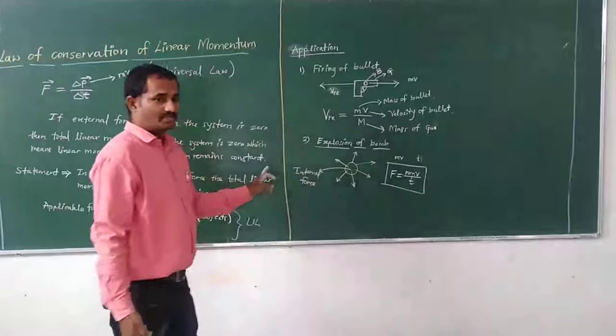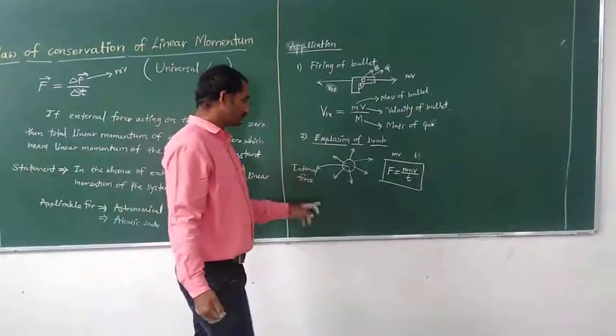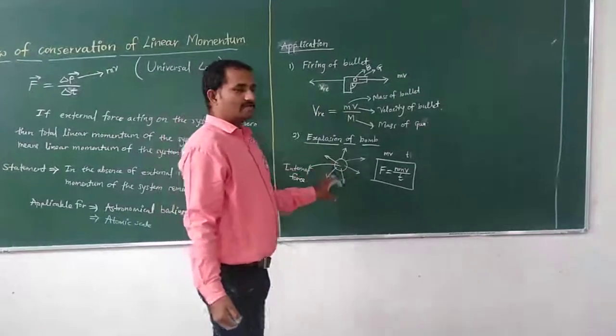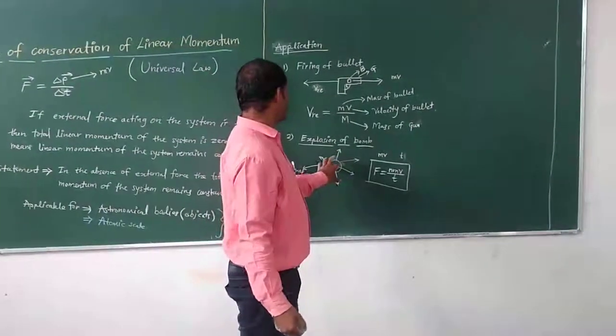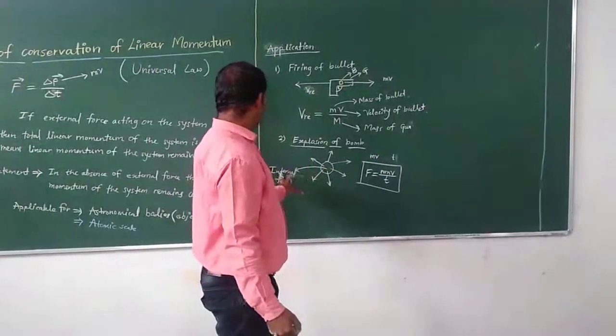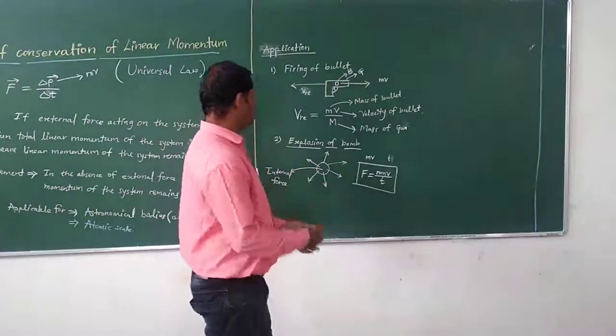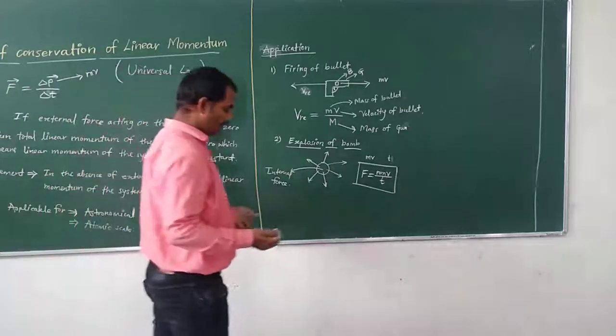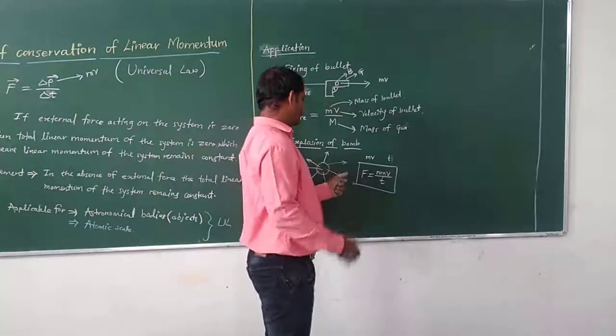The next example is explosion of bomb. Before explosion, all the particles are in rest position, and when you fire the bomb, all the particles explode in various directions with some velocity, right?